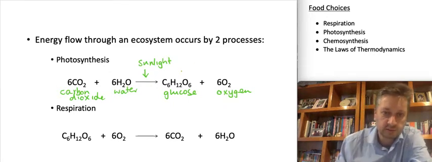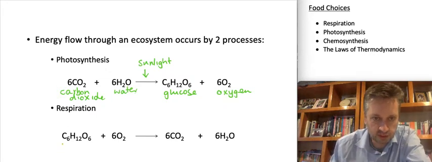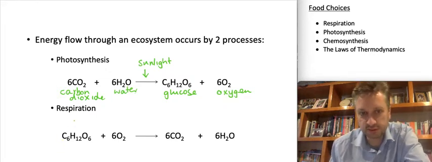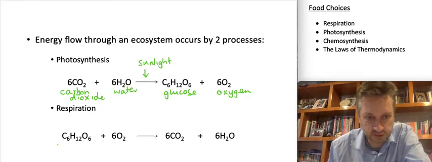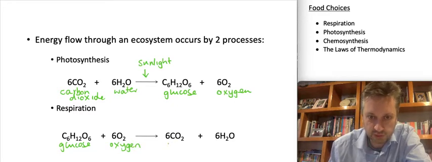Secondly, we look at respiration. It's almost the reverse. We begin with the product that photosynthesis produces, which is glucose. It's combined with oxygen. You could say it's oxidized, and the waste products here are carbon dioxide and water.